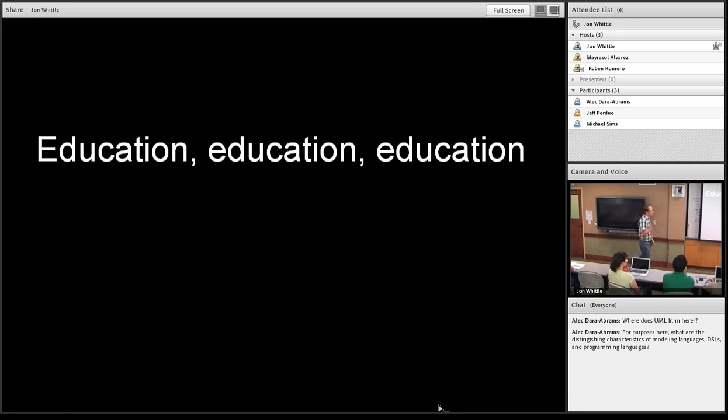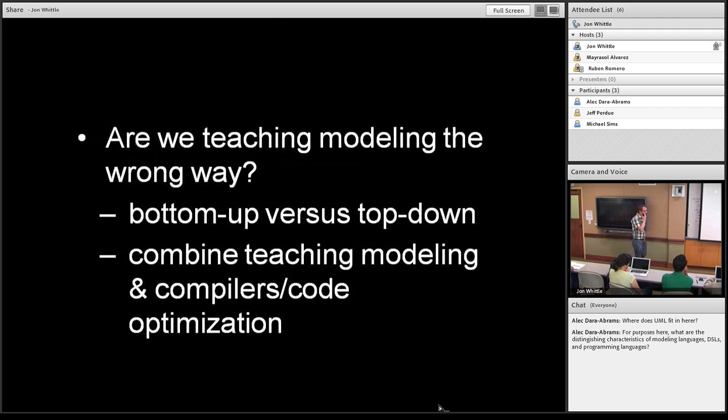Okay, a quick word about education. We weren't specifically looking for educational issues when we did this study, but stuff came out that we thought was quite interesting. And that is that I believe we may be teaching modeling the wrong way. And there's two reasons for this.